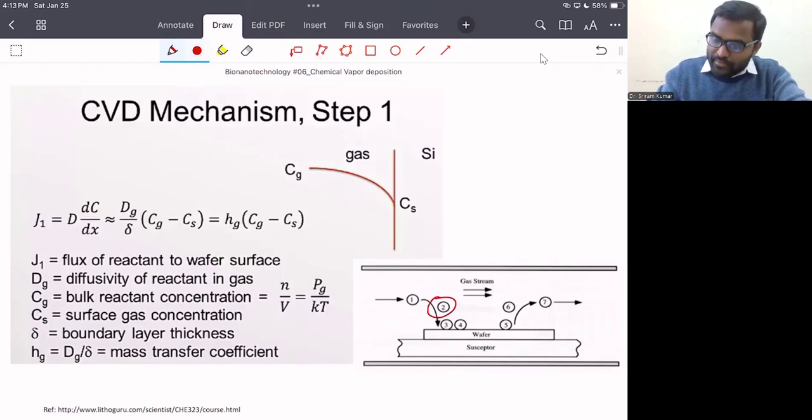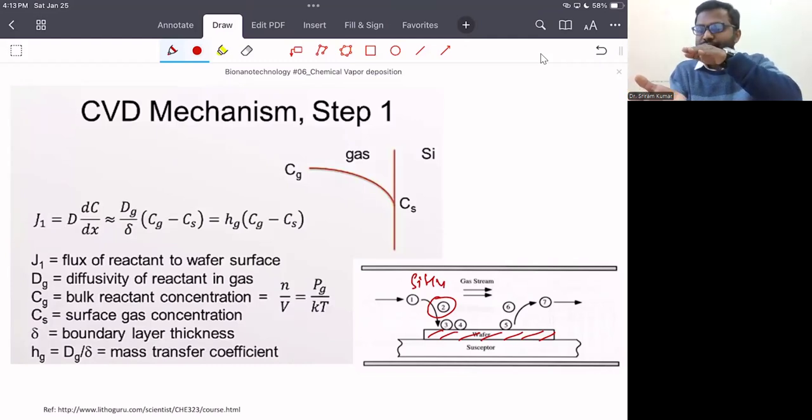So you have the substrate here, and here the gaseous molecule SiH4 is coming from that direction. This is moving in this direction, and you have the substrate here, the silicon wafer. So that should be diffused this way to the surface of your silicon wafer.